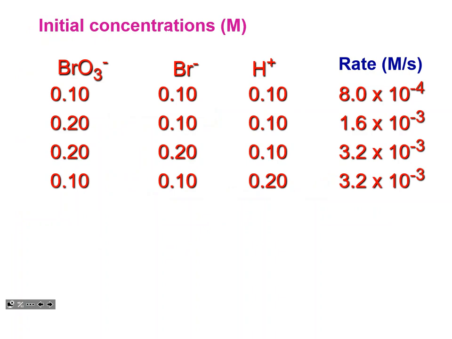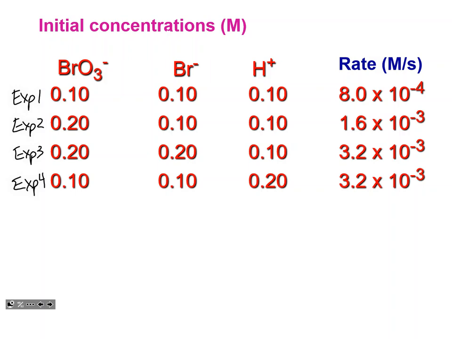This is that initial rate method where this is like experiment 1, this is experiment 2, experiment 3, and experiment 4. So this reaction was run 4 different times with 4 different initial concentrations, and then they ended up obtaining and measuring the initial rate for each experiment.